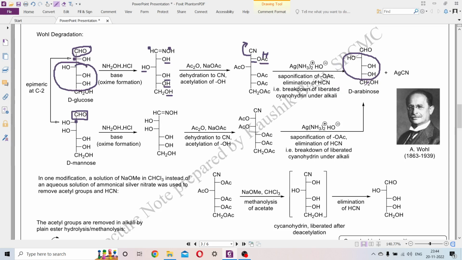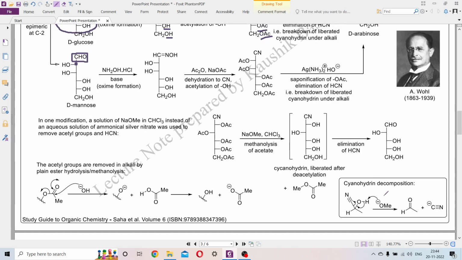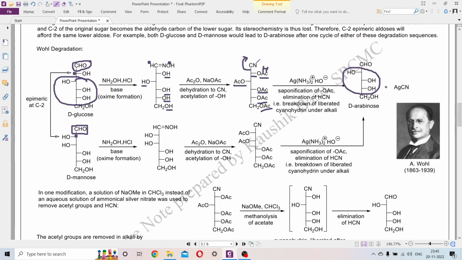So these things will be hydrolyzed, everything will be like OH, OH, OH, OH, and these OHs are different from that one because this is a part of the cyanohydrin. So this will collapse, kick out the cyanide, and it will become the CHO, and silver cyanide will be precipitated from this reaction medium.